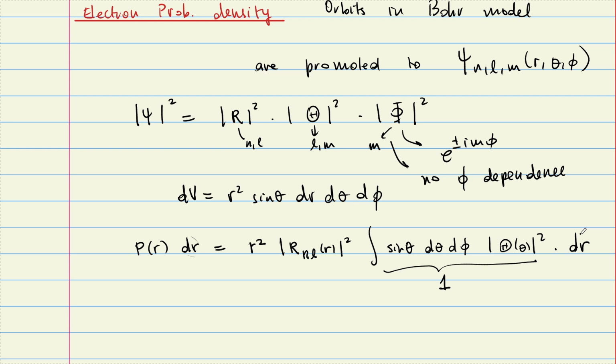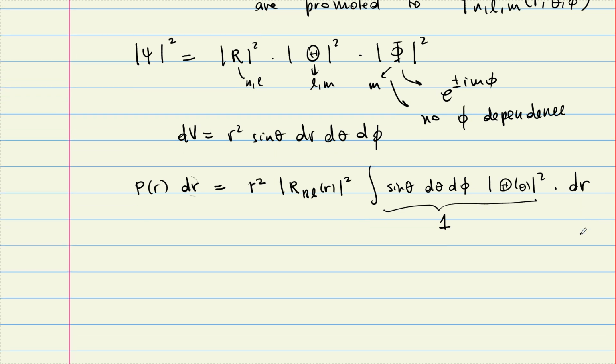And now you can, for example, go and look at a few of these functions. Let me write some of them. For example, R 1,0 is, let me write the whole thing, this is 2 over a naught to the 3 over 2, e to the minus r over a naught.